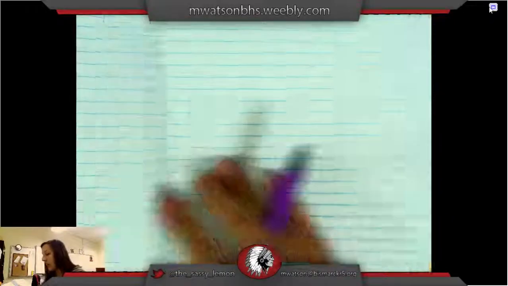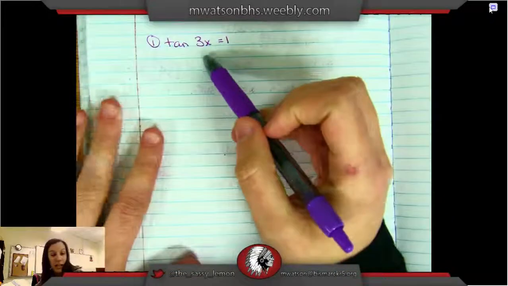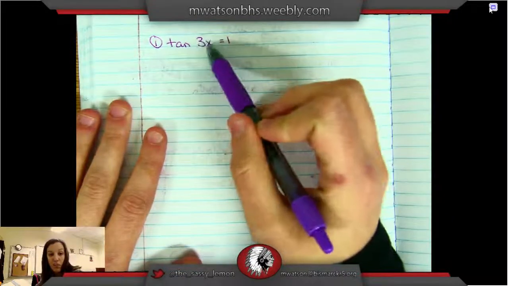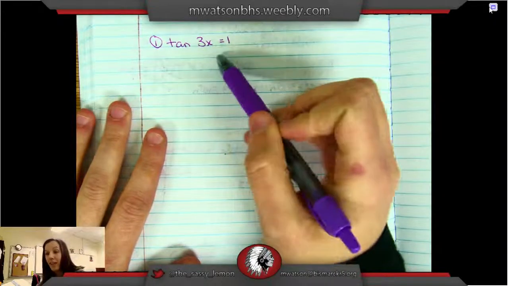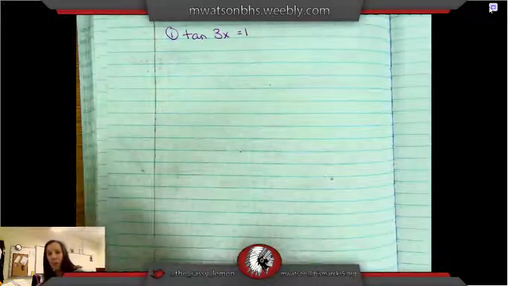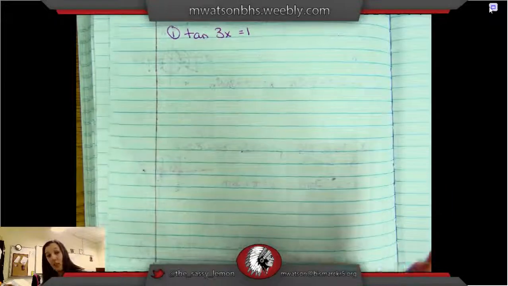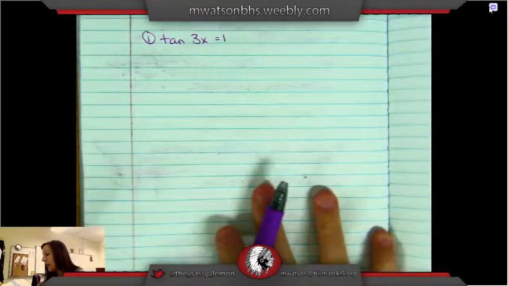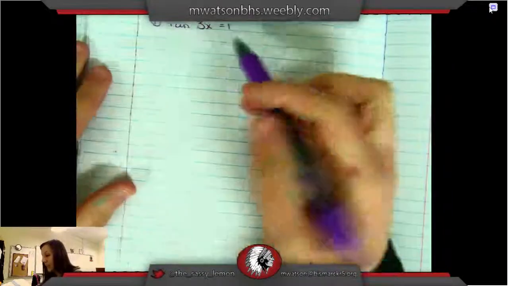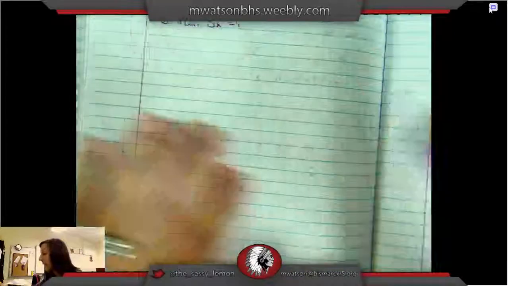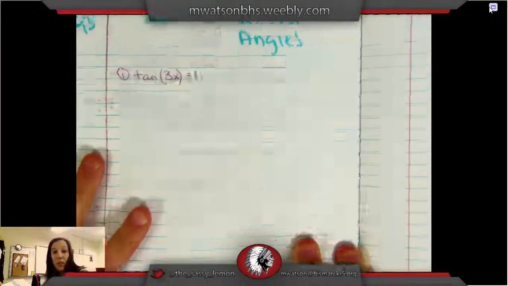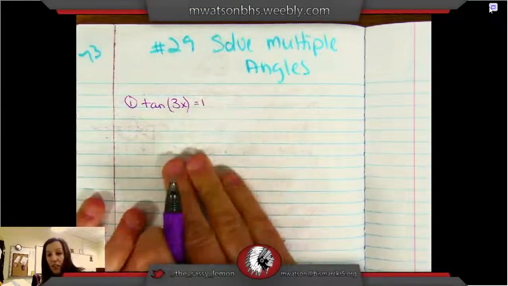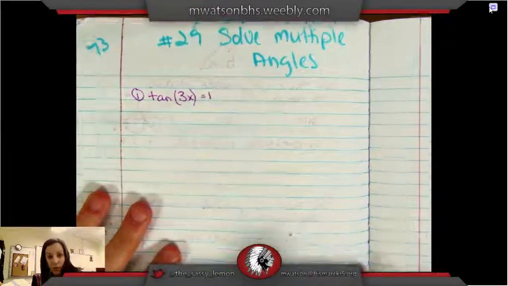So that's where our angle is actually something times x or something added to x. You can kind of think of it as like our bx minus c whenever we were graphing. So this would have numbers attached to the x in the argument. So we're going to talk about how to handle this situation, and it's very similar to what we did yesterday.